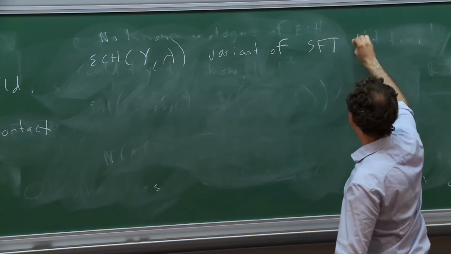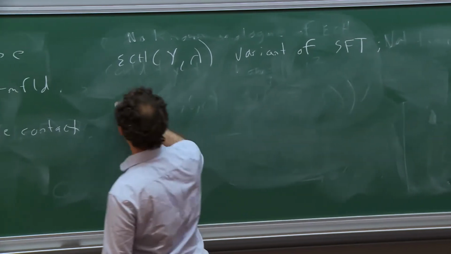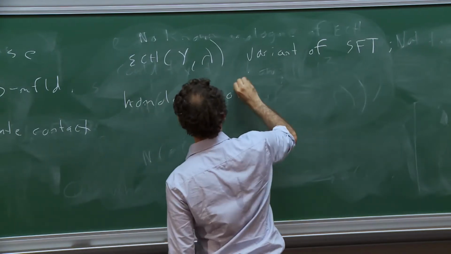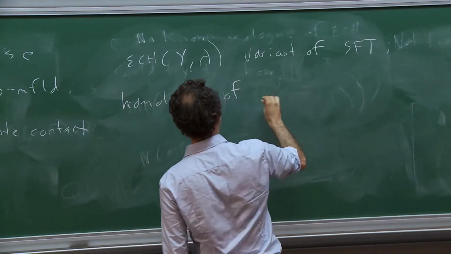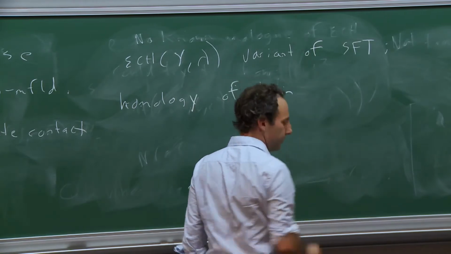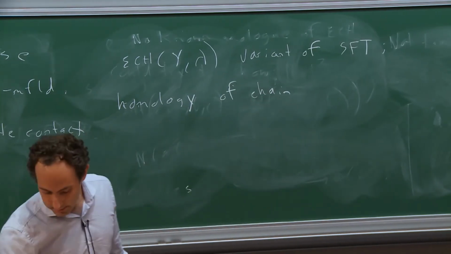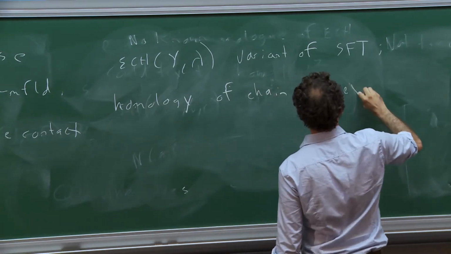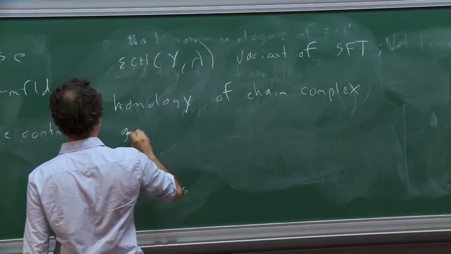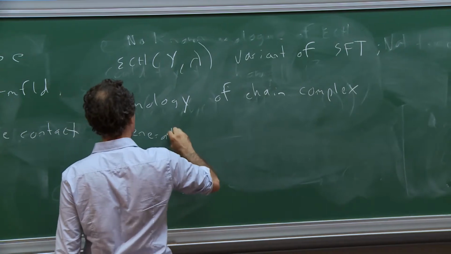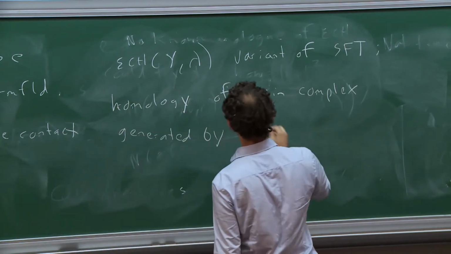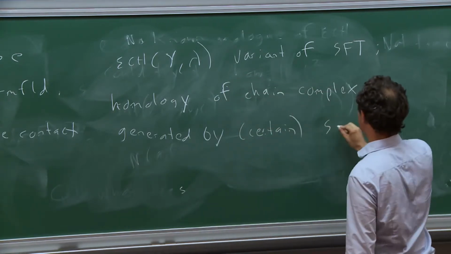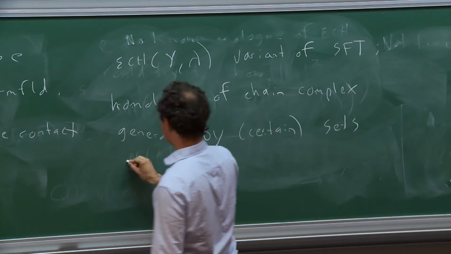In other words, it's the homology of a chain complex, which is generated by certain sets of Reeb orbits.